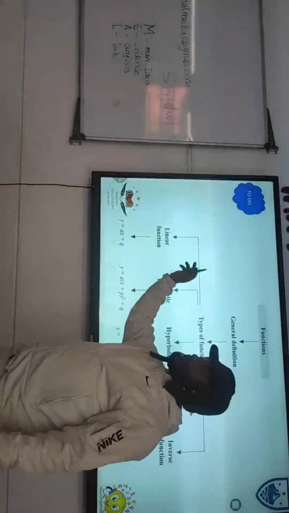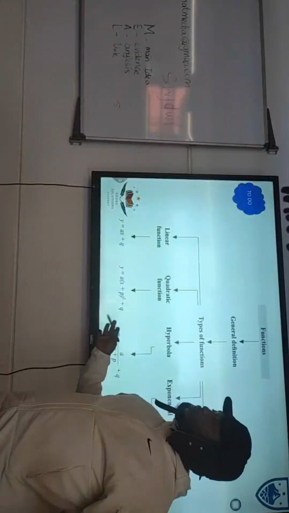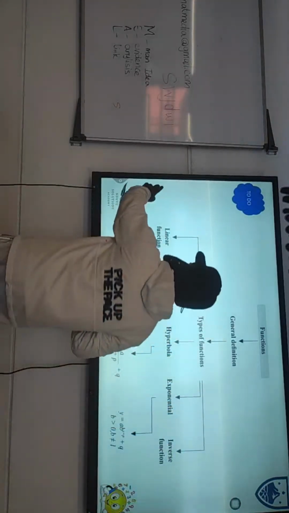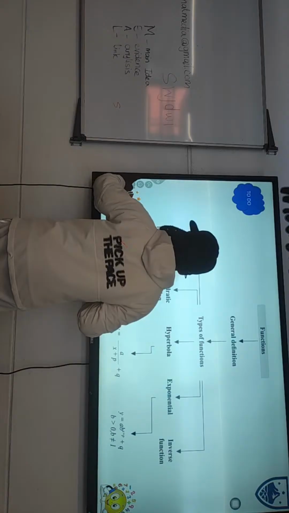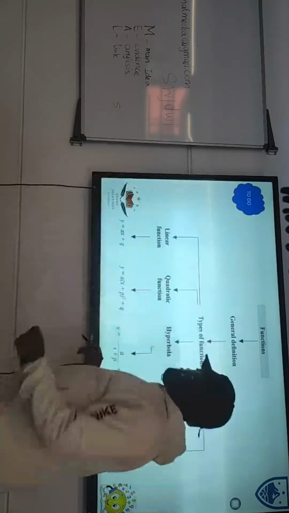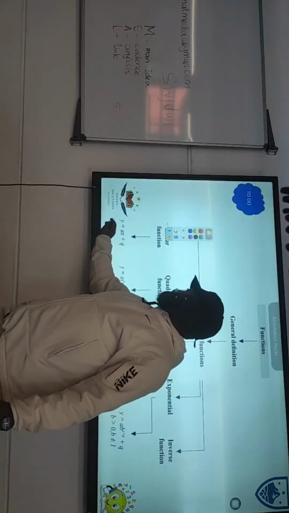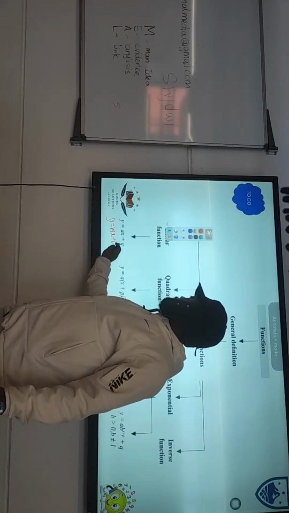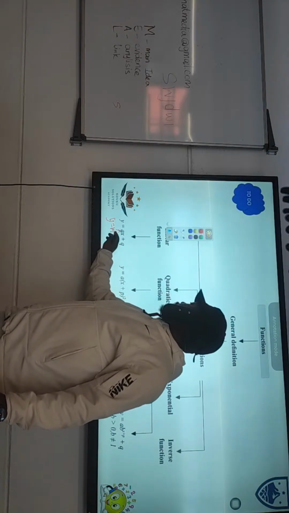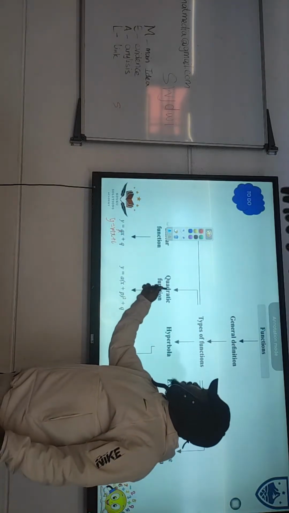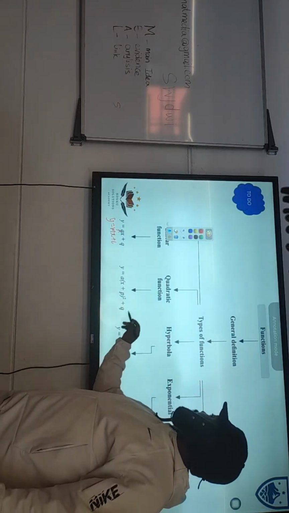We have linear functions, straight line, y is equal to mx plus c, those simple straight lines. Here a is the gradient, and then we have the quadratic function, also called the parabola.